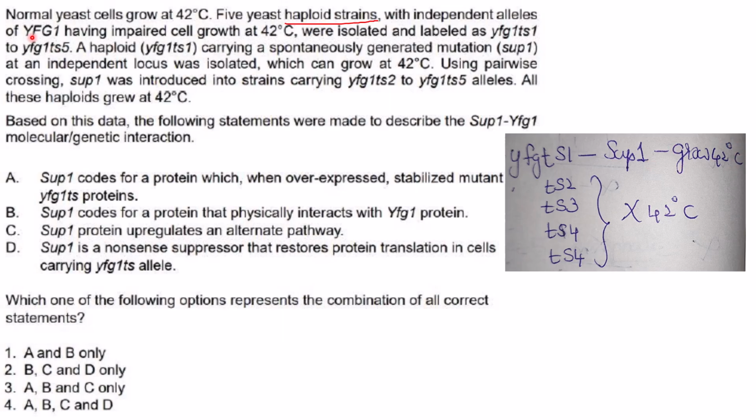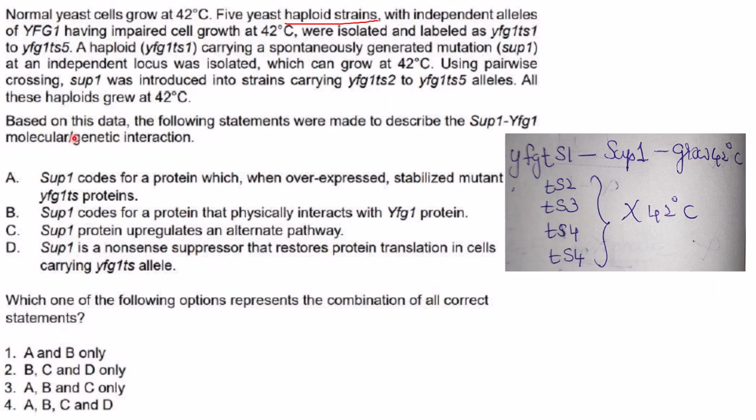So because YFG1 was mutated, it was not able to grow at 42 degrees. Now when they generated this SUP1 mutant, they found that it was able to grow at 42 degrees Celsius. Using pairwise crossing, SUP1 was introduced into the other strains. So they introduced this SUP1 in S2, S3, S4, S5 and they found that these alleles are also able to grow at 42 degrees Celsius.